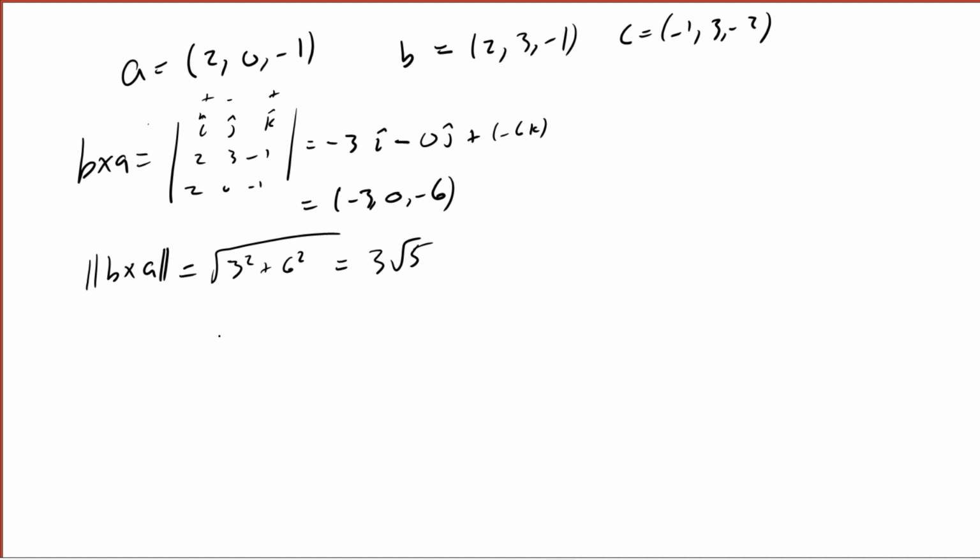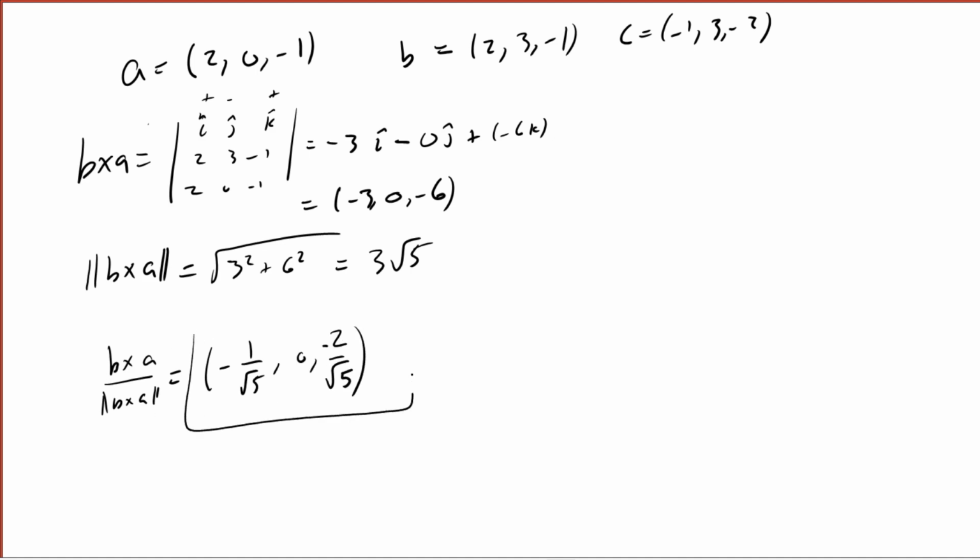So we normalize. So we have B cross A over the norm of B cross A. That's going to be negative 1 over root 5, 0, 2 over root 5 with a negative. There's my answer.